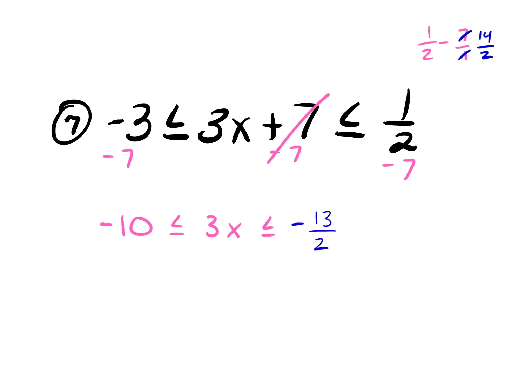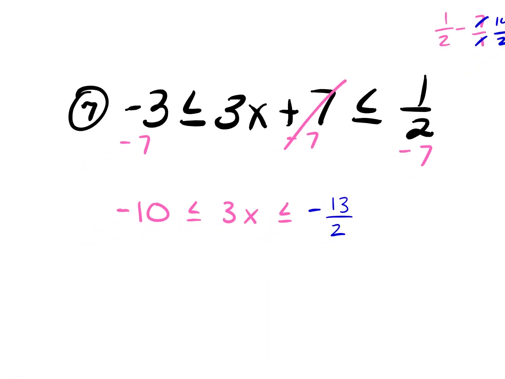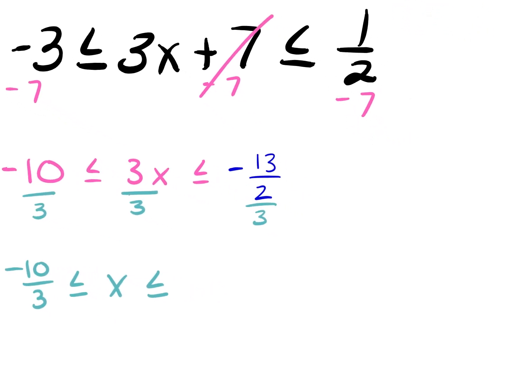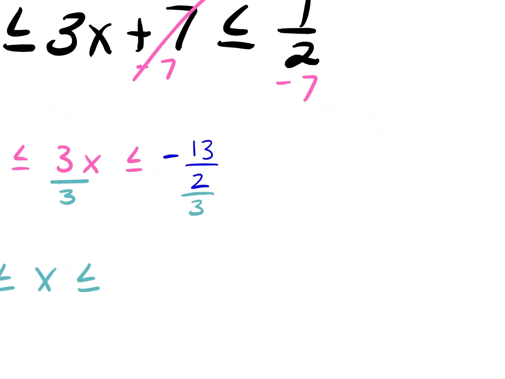What should we do next? Divide by 3. So here we get negative 10 over 3 is less than or equal to x, which is less than or equal to negative 13 over 6. When we divide by 3 here, we have to be careful. Anybody know what we do when we have a fraction in a fraction? Keep, change, flip. We're going to keep the top, change to multiplication, and flip the denominator.